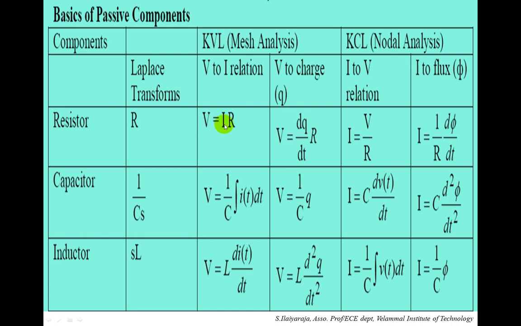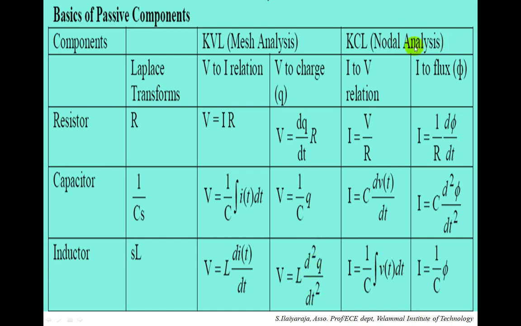So V equal to IR for resistor, V equal to 1 by C integral I dt for capacitor, V equal to L di by dt for inductor. And we know that current is nothing but dq by dt. So by substituting that current is the flow of charge, you will get the voltage to charge relation: R dq by dt, 1 by C into Q, and L d square Q by dt square.